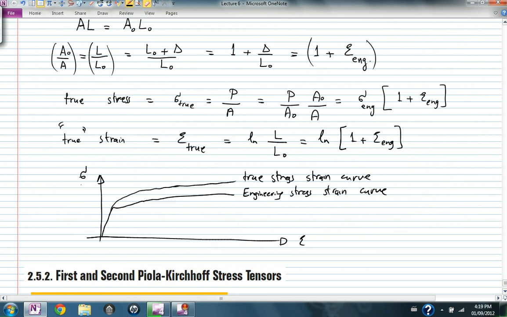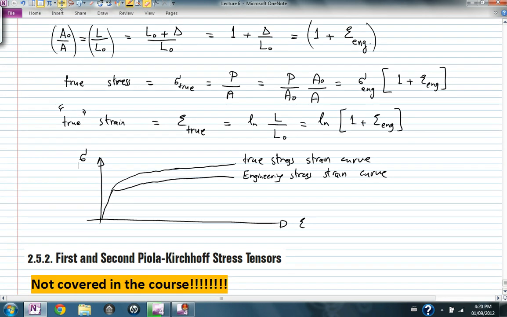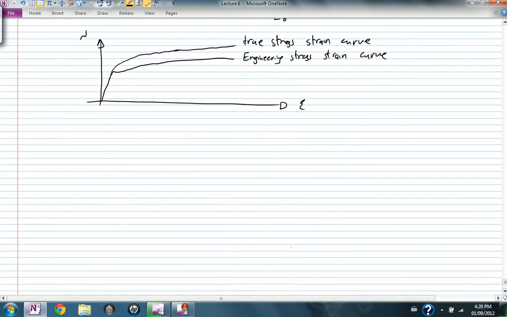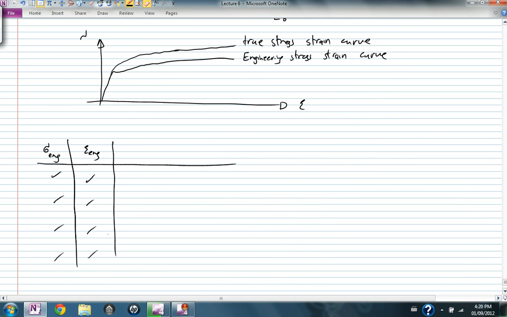This relationship is obtained simply by, given the table of stress versus strain, sigma engineering, epsilon engineering, given those values that make the curve, I can find sigma true, which is equal to sigma engineering multiplied by 1 plus epsilon engineering.